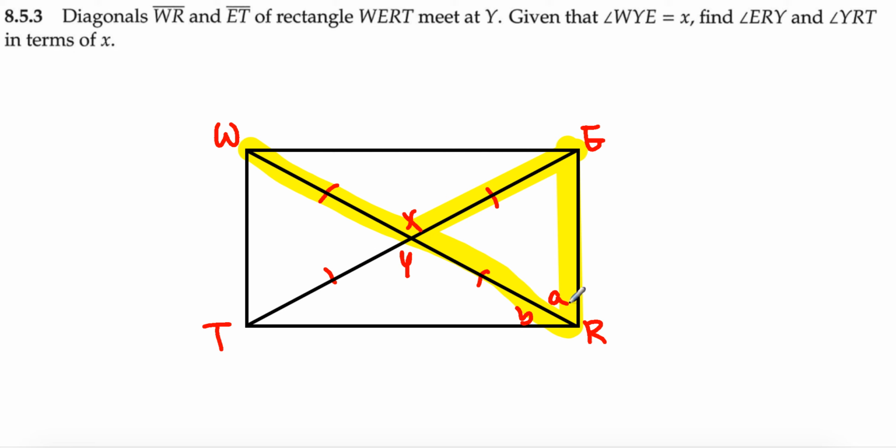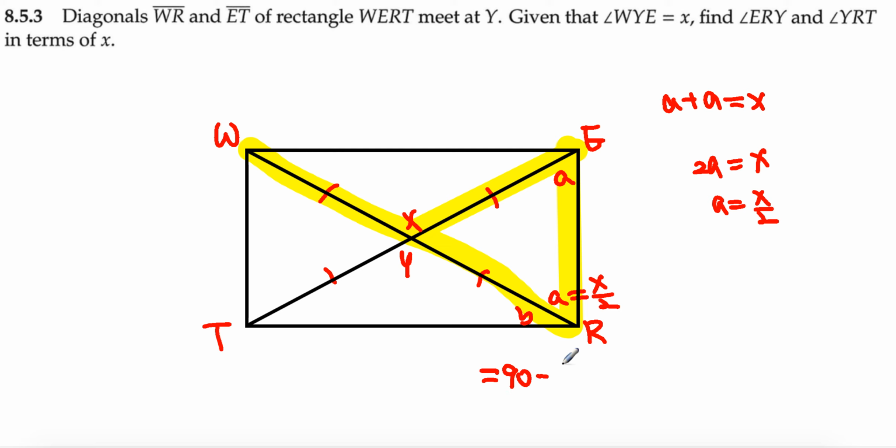So since this is A, then this one must be A as well. Then since x is an exterior angle, a plus a, the sum of the two non-adjacent angles, must be equal to x. So we get to realize that x equals 2a, then a is x over 2. But another thing is, because a and b add up to be 90 degrees, b must be equal to 90 minus x over 2. Simple as that.